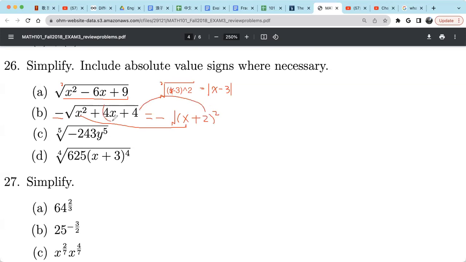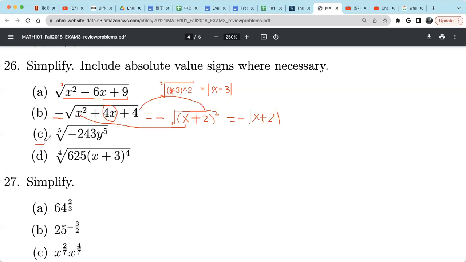To check the middle term, multiply x with 2, that's 2x, then double it, that's 4x. Then the square root cancels the square. We carry the negative sign with us, and we force x plus 2 to be non-negative, so we put the absolute value sign around x plus 2. So the answer for B is negative, absolute value of x plus 2.